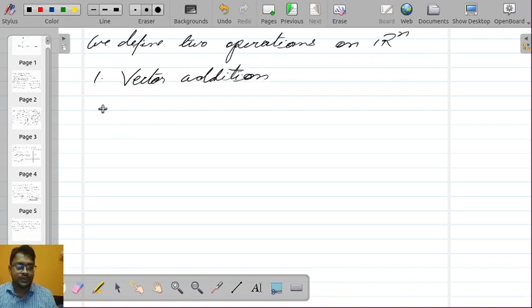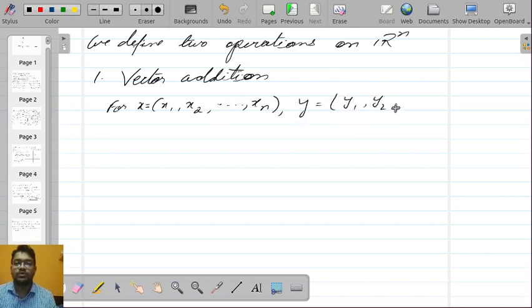Vector addition. Let us take x equal to (x1, x2 up to xn), y equal to (y1, y2 up to yn) inside R to the power n.